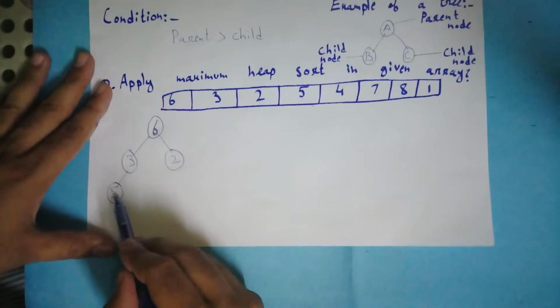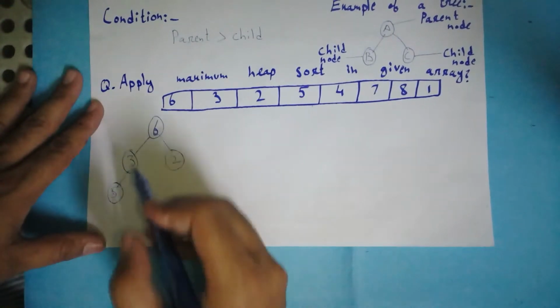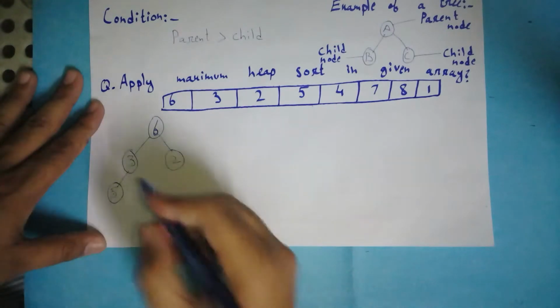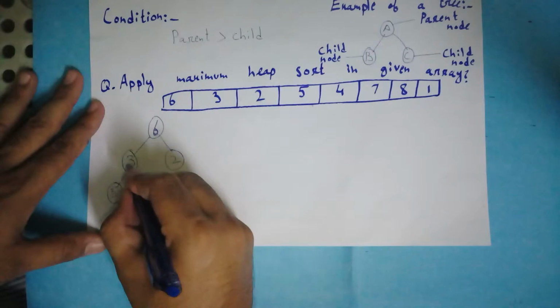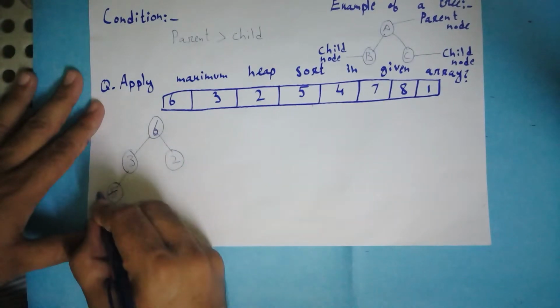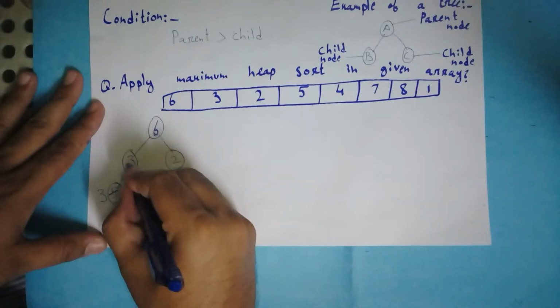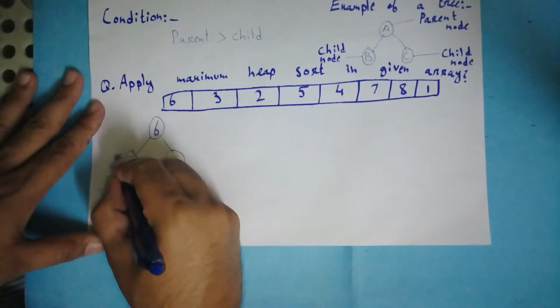In this situation I swap the values of the parent node and the child node. I cut 5 and write 3 over here, and cut 3 and write 5 over here.